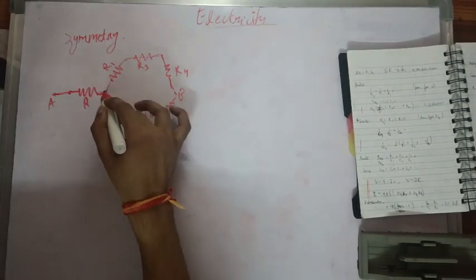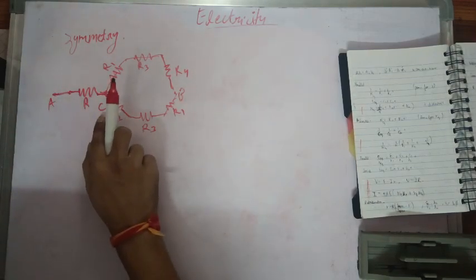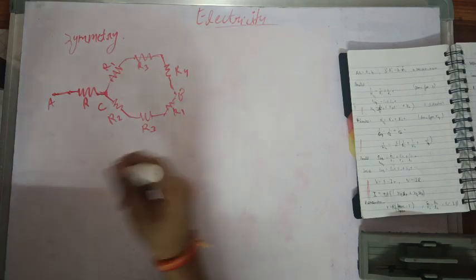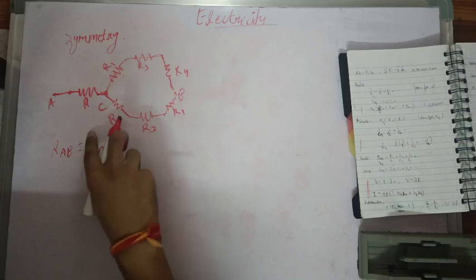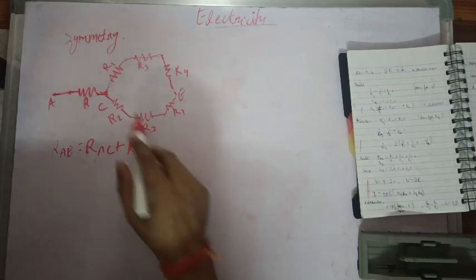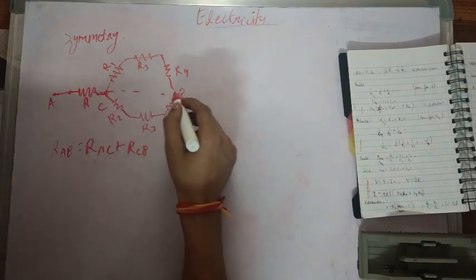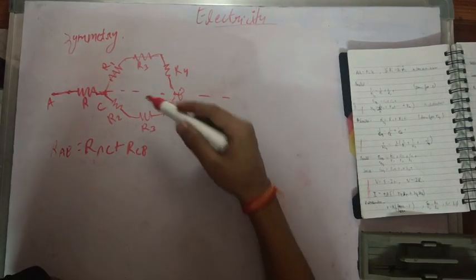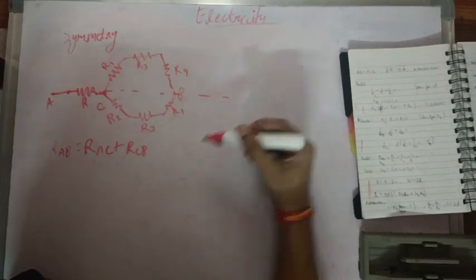So when, let's say this point is C, the resistance between A to B can be given by the resistance from A to C and C to B. So RAB is equal to RAC plus RCB. The resistance between C to B can be found by drawing this line, and this whole setup is symmetrical about this line.